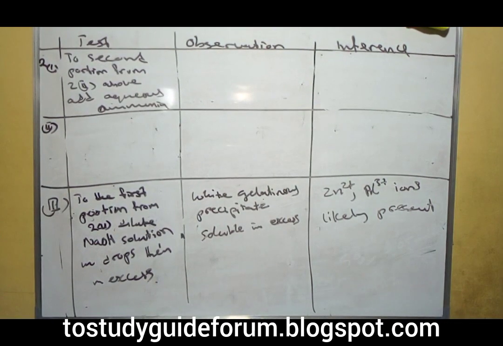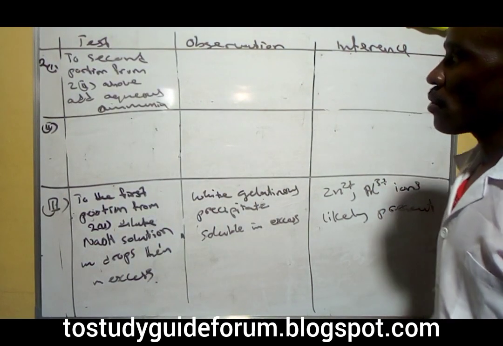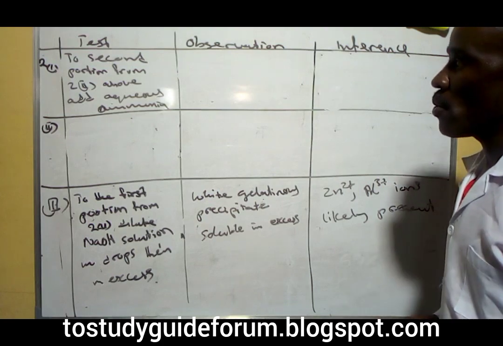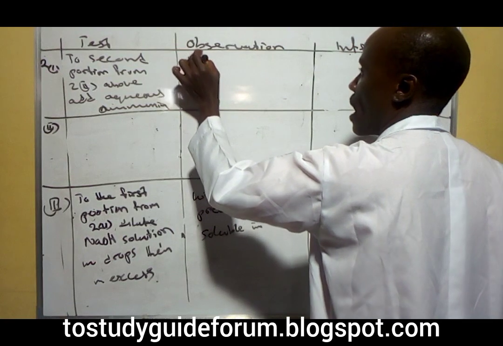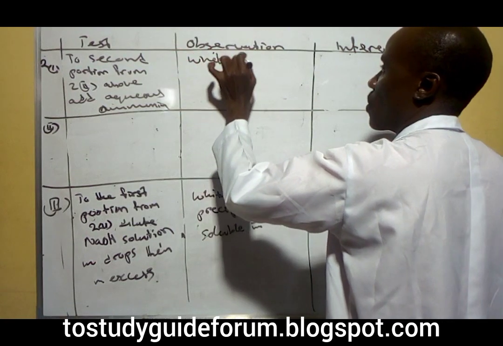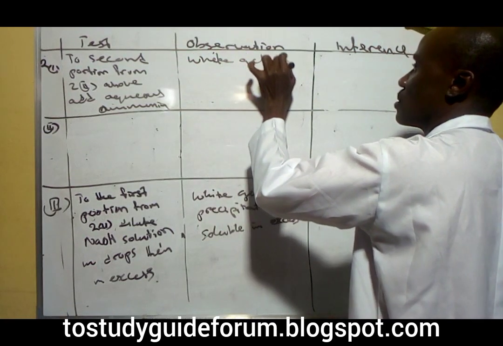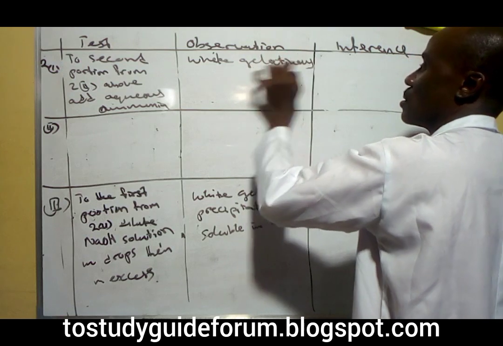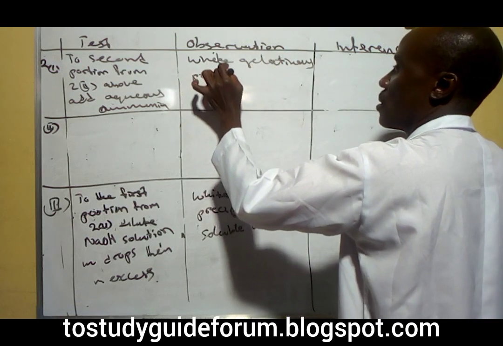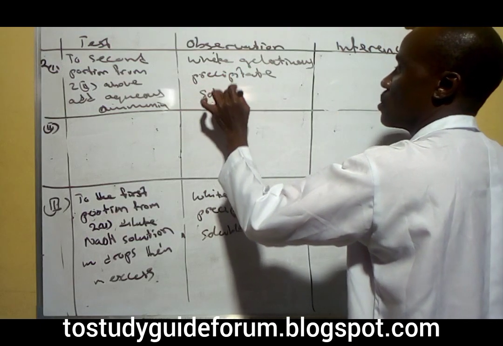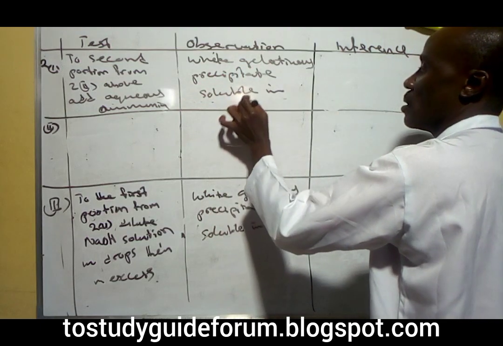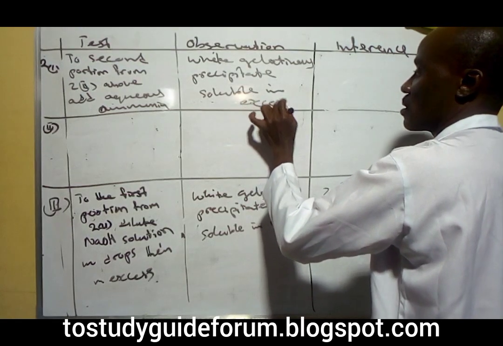The last one, the second portion of the solution, we add aqueous ammonia. We notice that we have a white gelatinous precipitate.